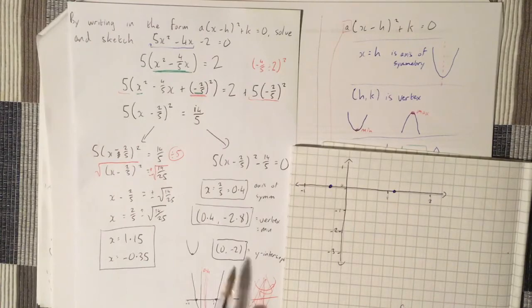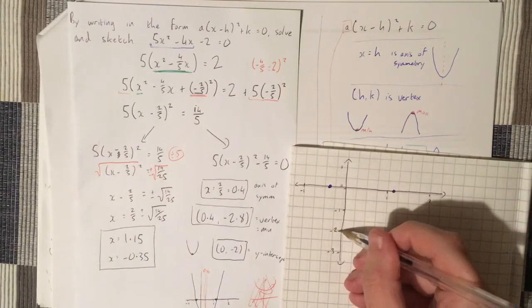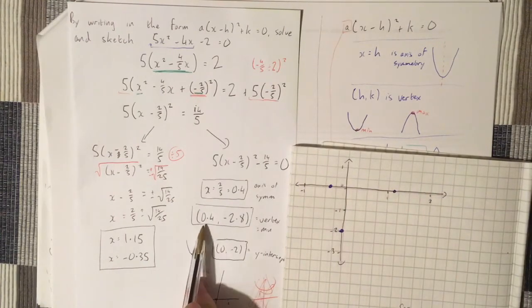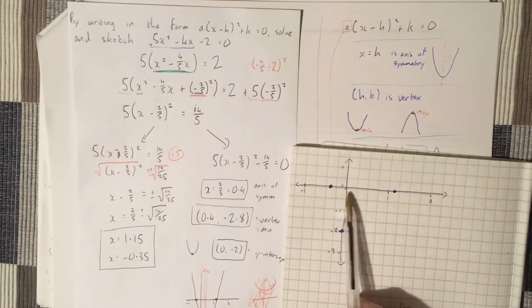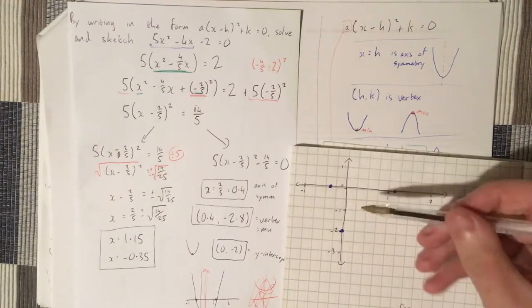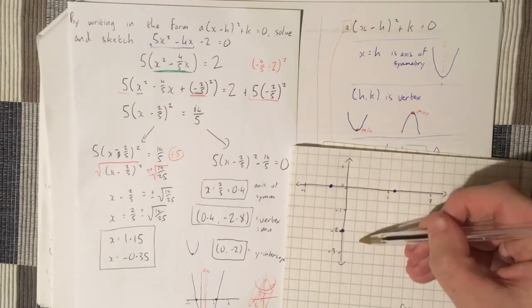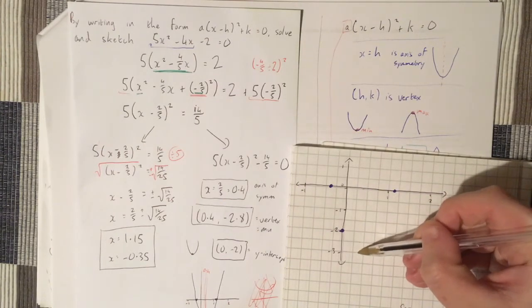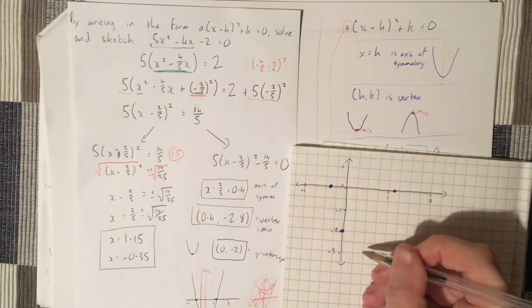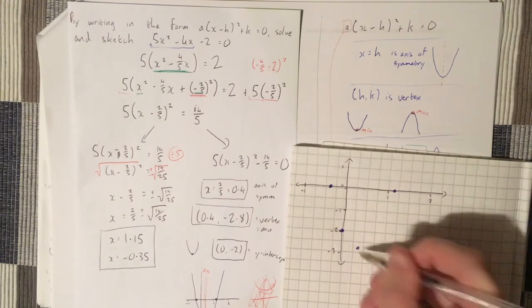It's going to go through the y-axis at 0, minus 2. It's there. And the minimum point is 0.4. So there's 0.25, there's 0.5. So roughly there, and minus 2.8. So again, there's minus 2.5, there's minus 3. So roughly there, I would say, is where my minimum point is.